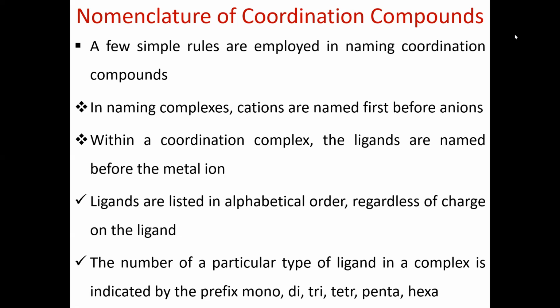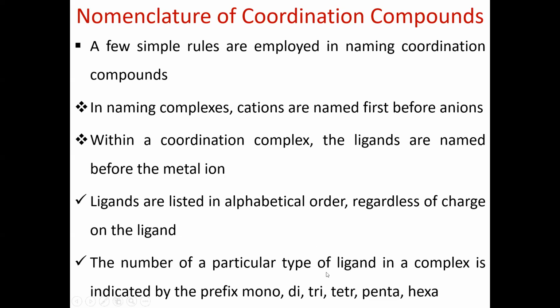In naming the ligands, we also take into cognizance the first letter of the ligand. So we list the ligands in alphabetical order, regardless of the charge on the ligand. That is, regardless of whether it's a neutral ligand or an anionic ligand.